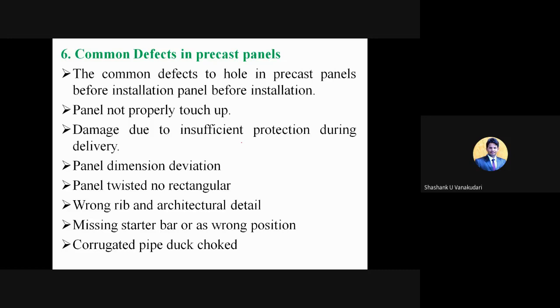The common defects are holes in the precast panels before installation, which we can see in the process before installation. The precast panels are column-like structures. In these column-like structures we need to provide certain holes, either to erect them or for connecting the additional members.